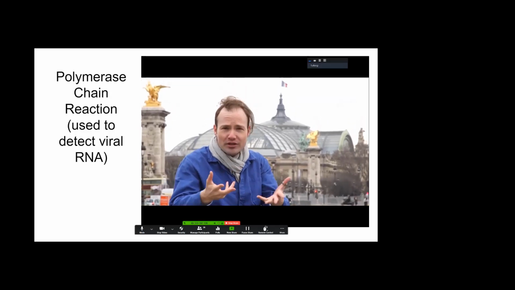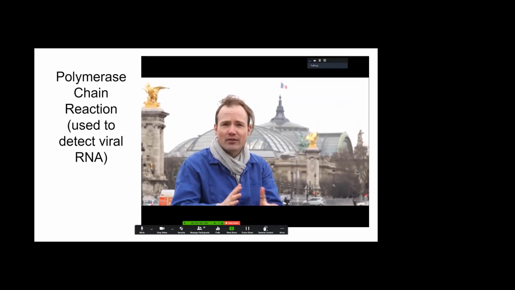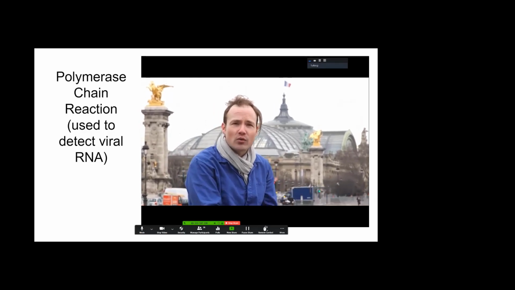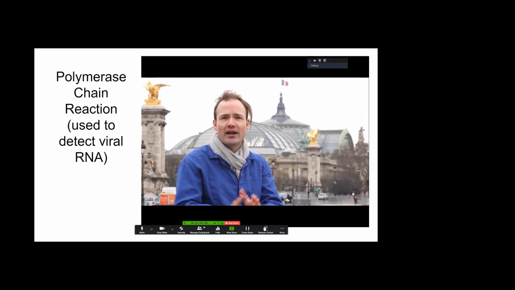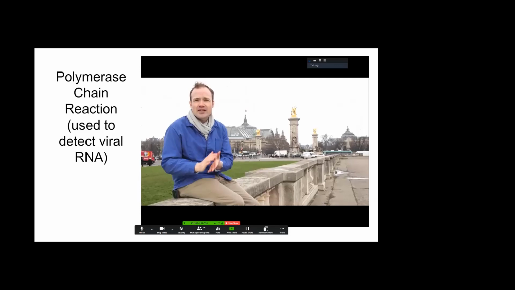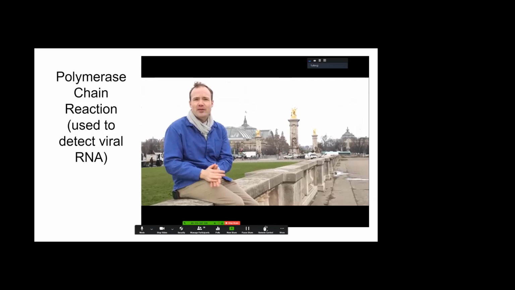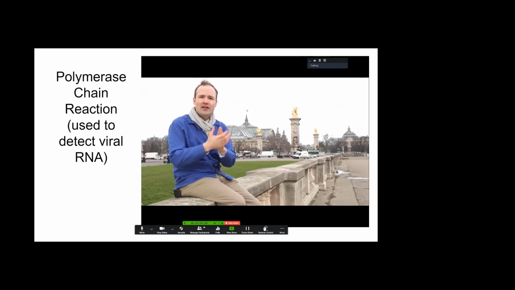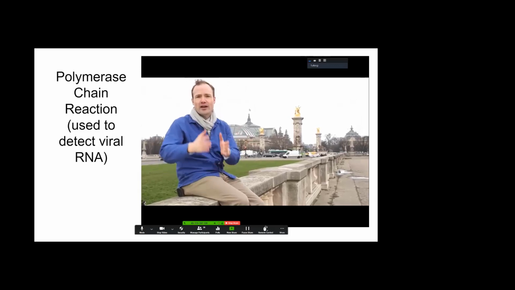These bugs still need to replicate DNA, and they've evolved very special thermostable enzymes that will still work even when we heat them to very high temperatures. These days, PCR is so popular that companies sell different DNA polymerase variants with different properties, faster replication, lower error rates, and so on.